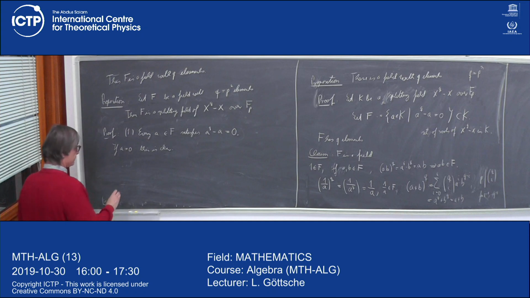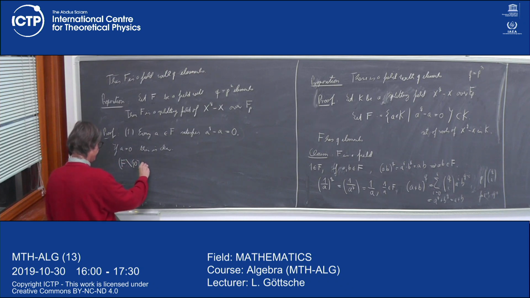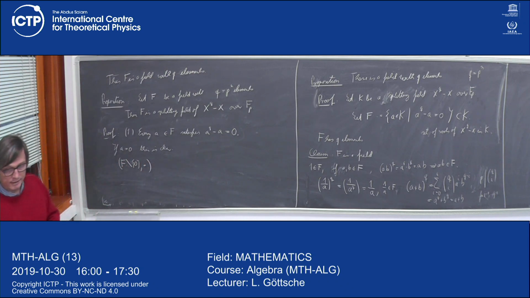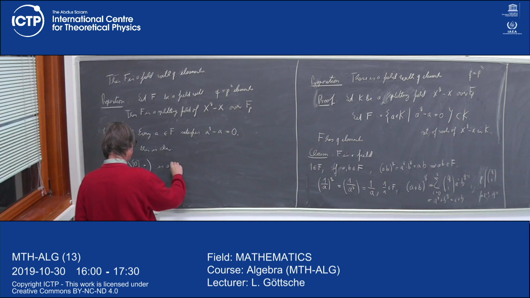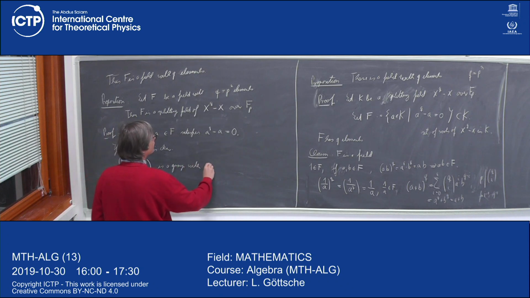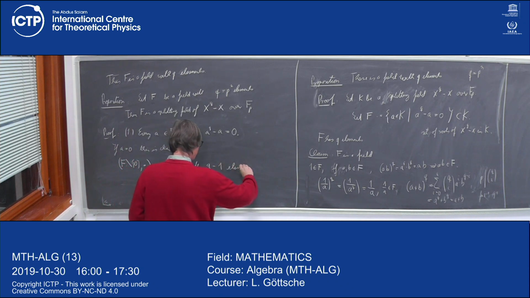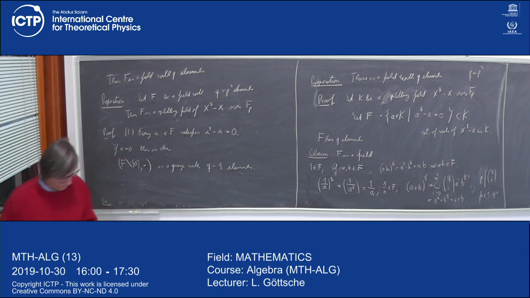Otherwise, if we take F without 0, with the multiplication, this is a group with Q minus 1 elements. We know that if we take an element of the group to the power of the order of the group, we get 1.